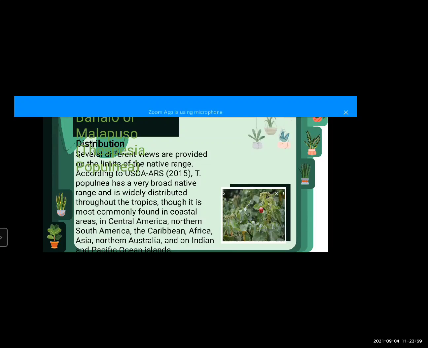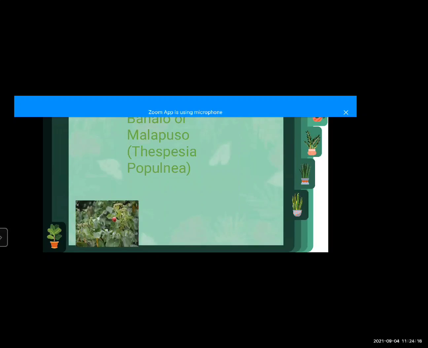Though it is commonly found in coastal areas in Central America, Northern South America, and the Caribbean, Africa, Asia, Northern Australia, and on Indian and Pacific Ocean islands. Una iya kakuan, nasa siya nag-exist.